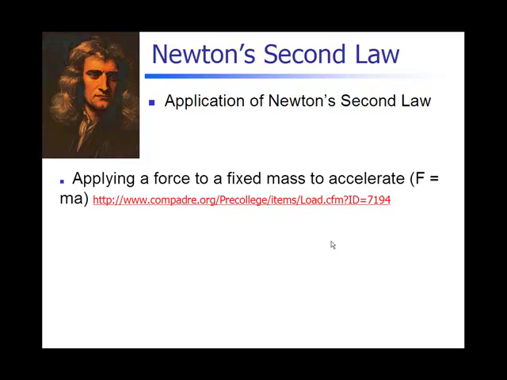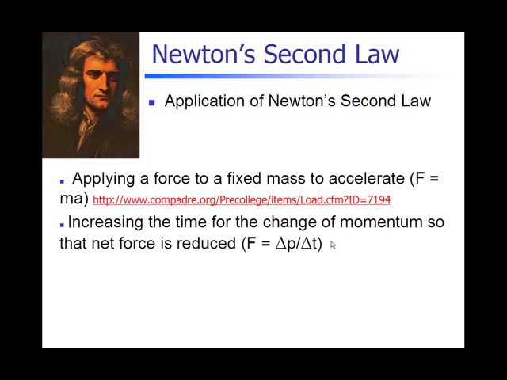If you increase the force with the mass remaining constant, acceleration will increase, simply because F equals mass times acceleration. There is an applet that you can look at to try changing different values of mass and finding out how it affects the acceleration, or you can keep the mass constant and change the force to find how acceleration changes.